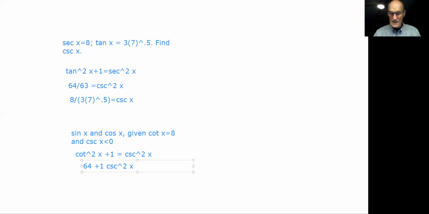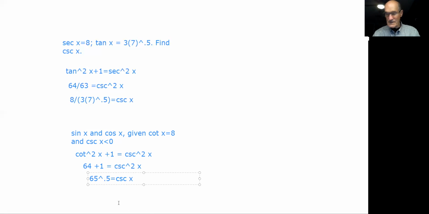So that means the cosecant, I didn't put the equal sign in, equals, okay, so if I take the square root of both sides now, this is 65, so the square root of 65, so 65 to the 1/2 power is equal to the cosecant of x.